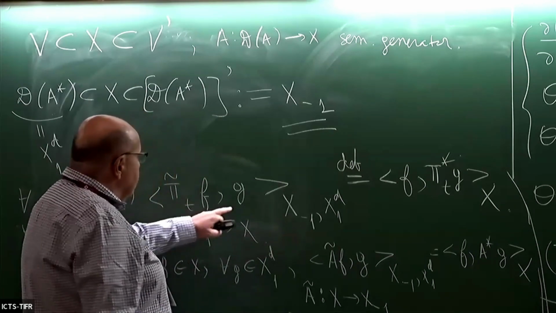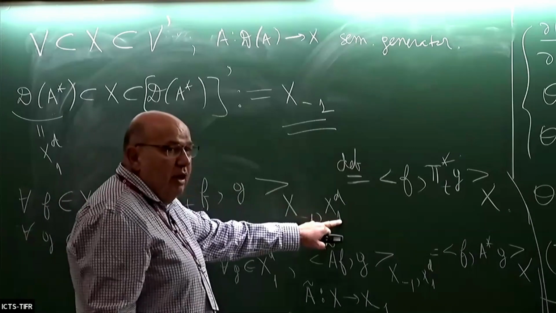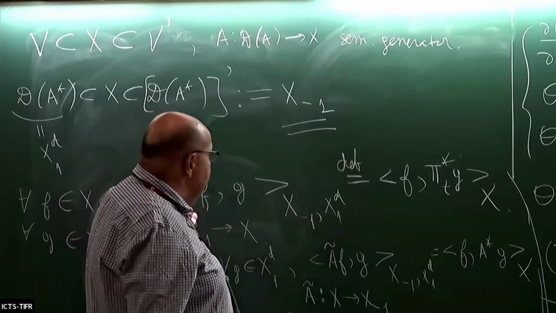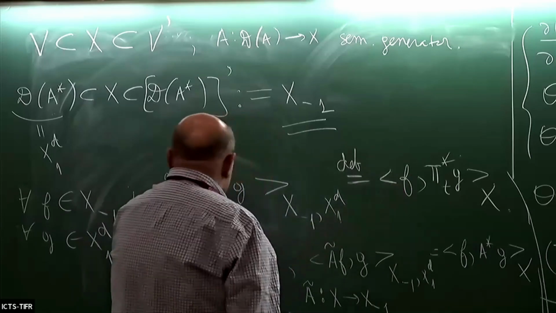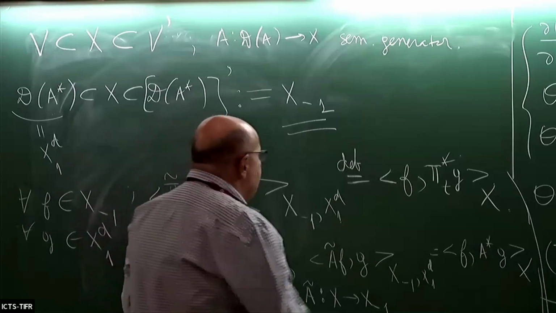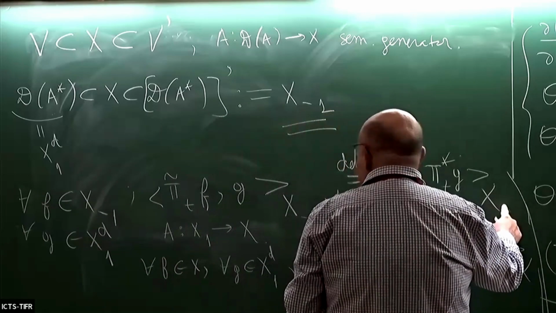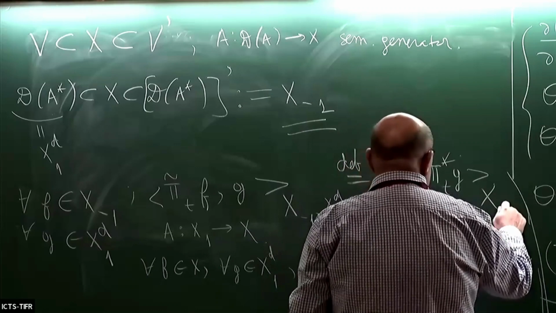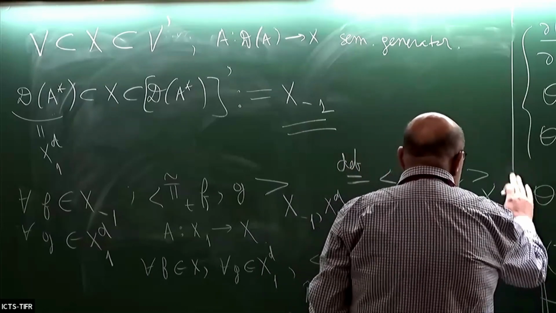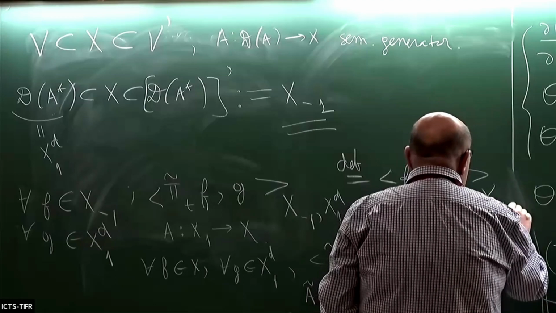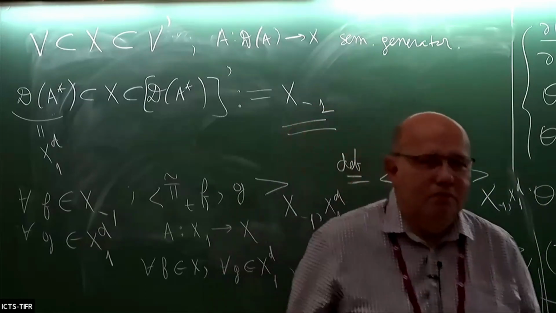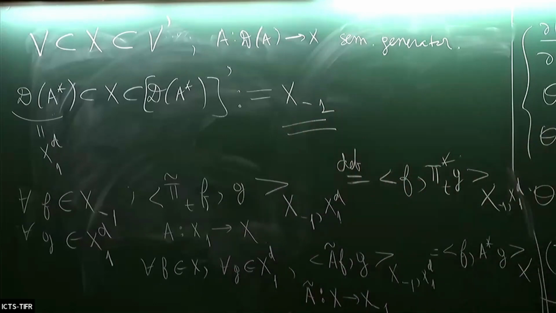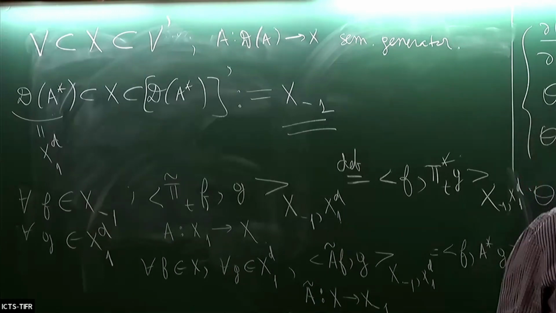To define it, I have to say how it acts on the elements of X1d. And I say it acts in this way, this formula. And this formula makes sense. Yes, here it's still duality, you are right. Here it will be still duality, not in X, it will be X minus 1, X1d, which makes sense. Thank you. Here I think it's okay.